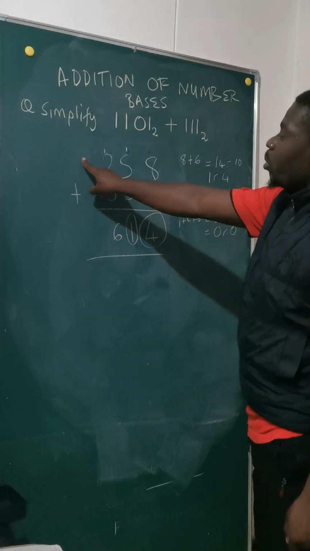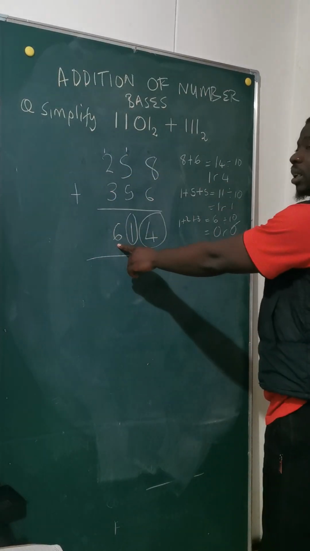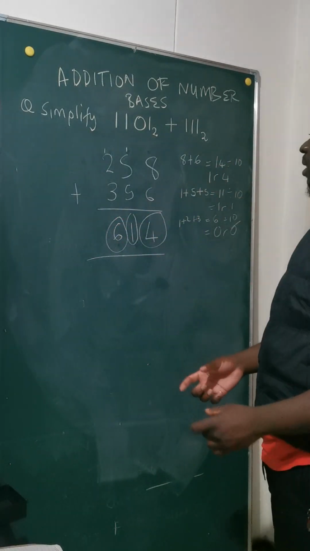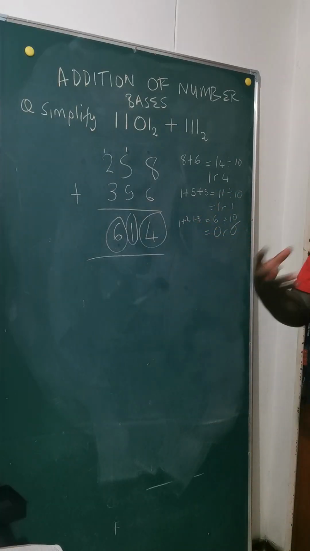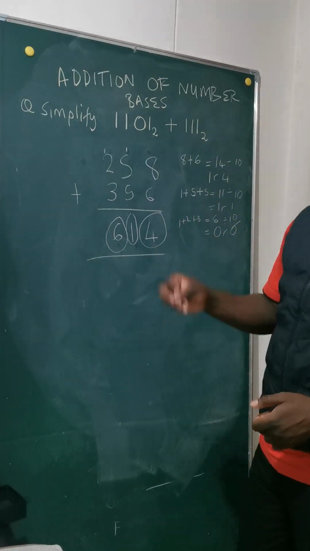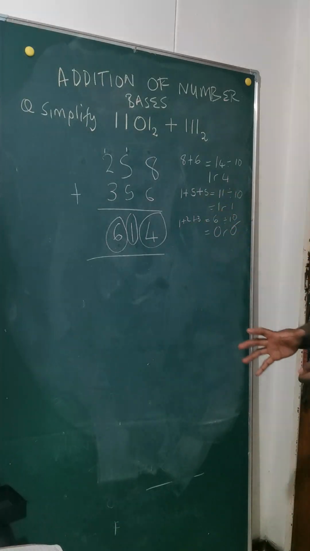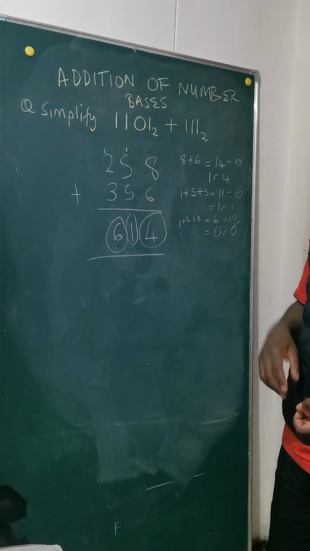So there is nothing more to carry there. We wouldn't write anything for the quotient, but we would write the remainder. So this is how we were adding numbers in primary school, not knowing that these numbers were in base 10. So addition of number bases remains the same.